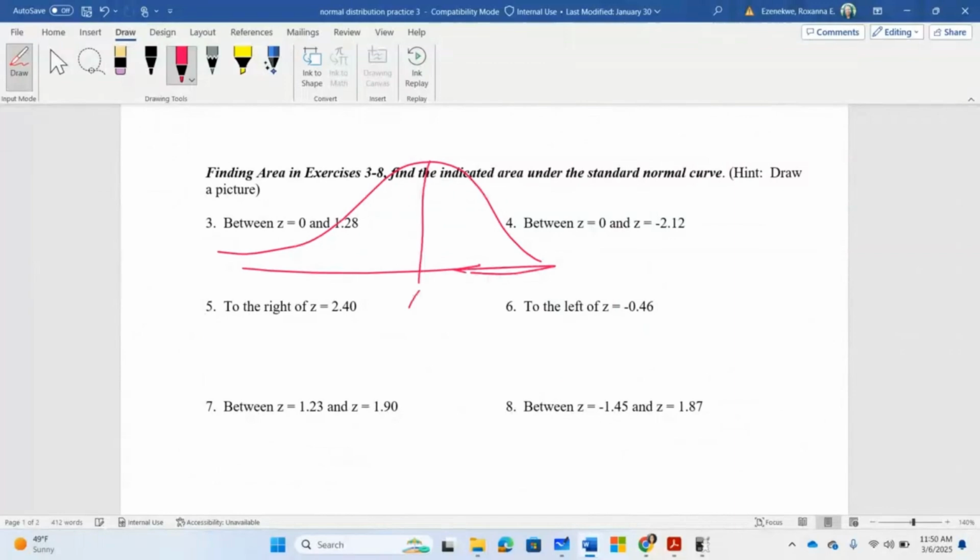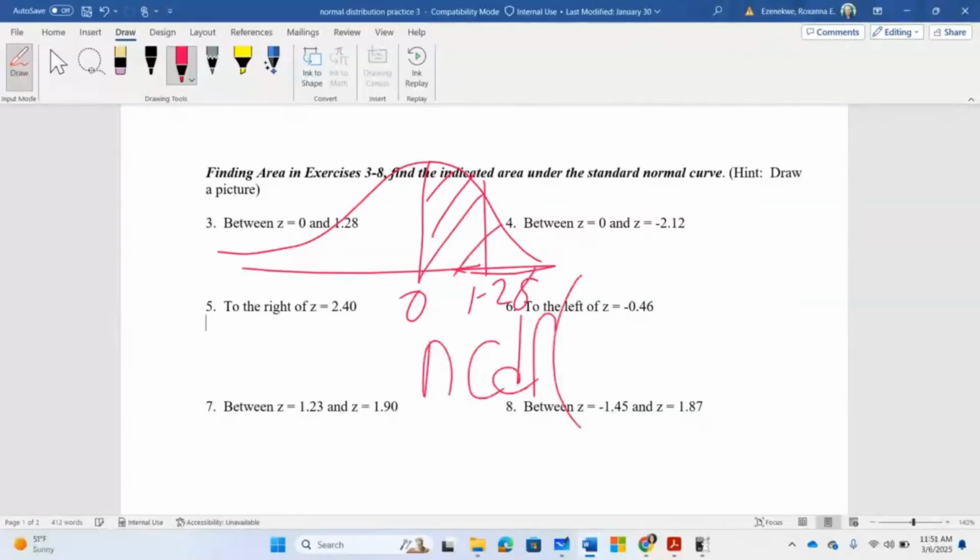First of all, draw a diagram. So from 0 to 1.28, 1.28 is on the right-hand side because it's positive. I will shade the area and then get my calculator. The function is normal CDF because I'm looking for area starting from 0 and ending at 1.28. The mean is 0, the standard deviation is 1.